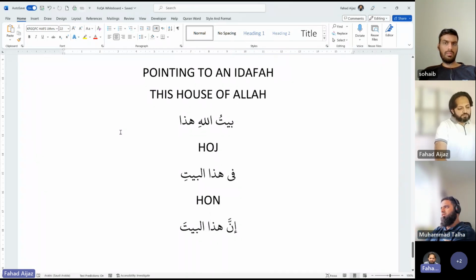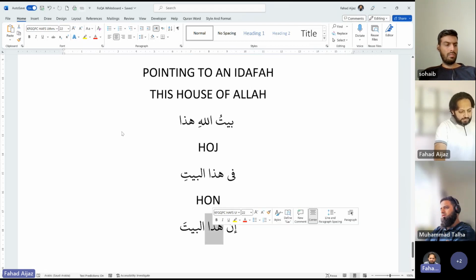If it is non-flexible, it's non-flexible. Doesn't matter. It's still an ism. This is the first ism you found, and this ism is non-flexible, and if it could be, it is. Remember that. You will find this, and you will say haza is nasab, and therefore bayt is nasab.